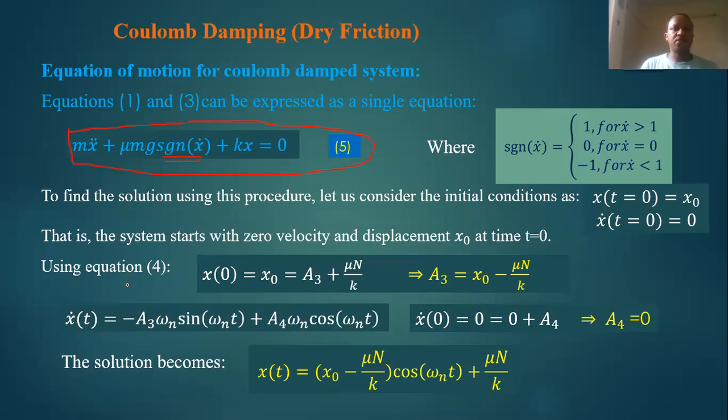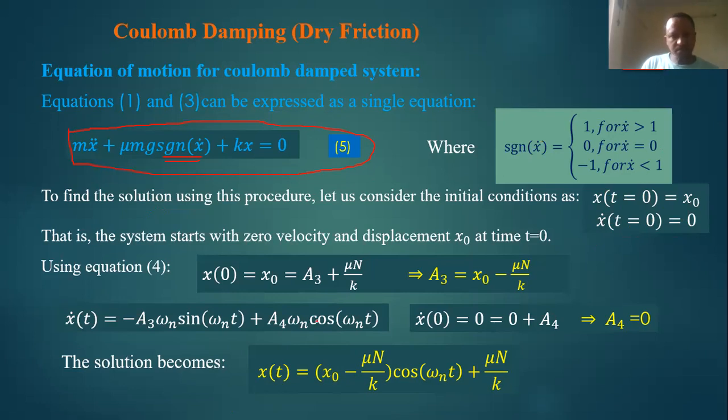Okay, to find the solution using this procedure, let's consider initial conditions. These are the initial conditions considered: x of t equal to 0 is x naught, and x dot of t equal to 0 is 0. This is actually the case of x dot equal to 0.